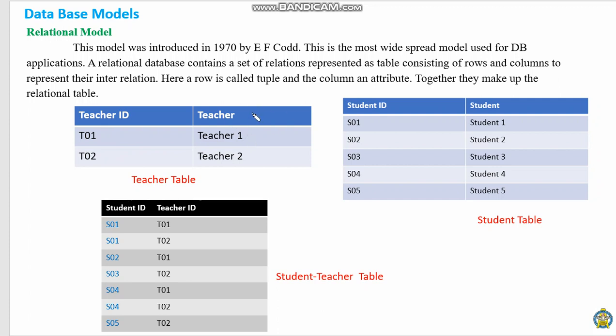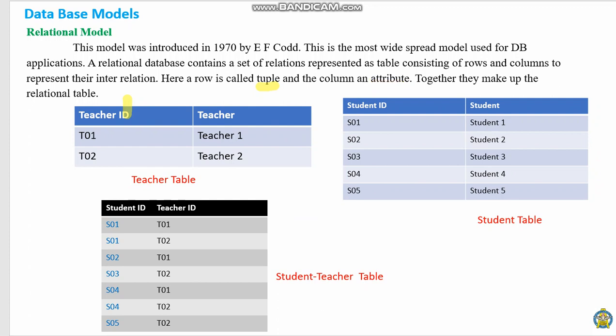A row is called a tuple, and a column is called an attribute. These are called attributes, and what comes across a row is called a tuple. Together it makes up what is called a relation or a table.